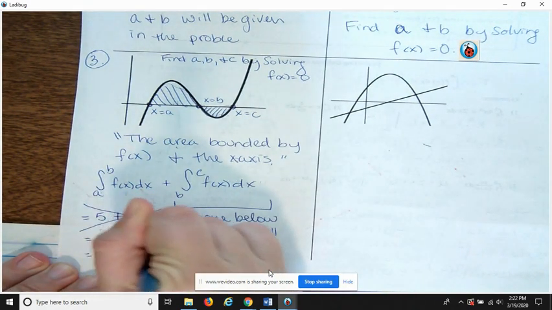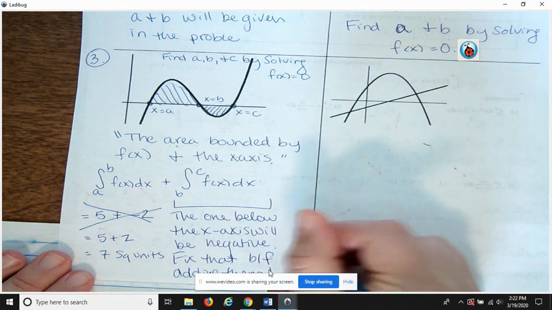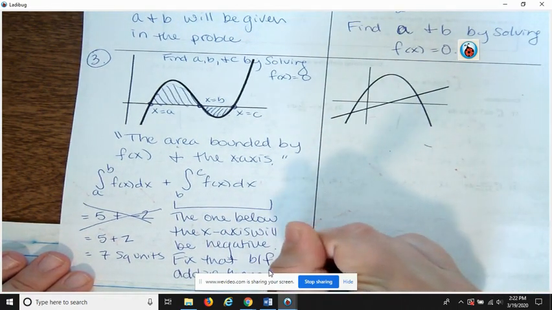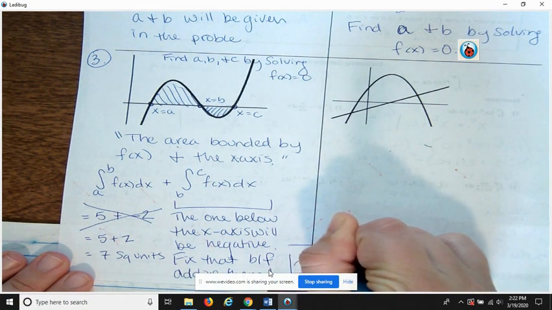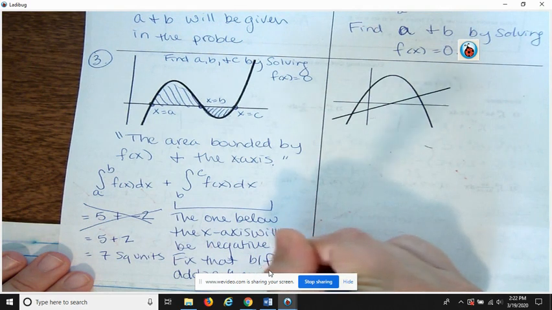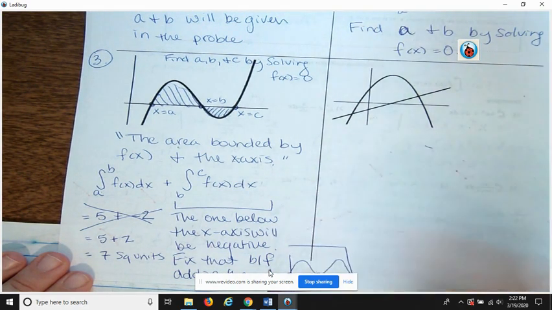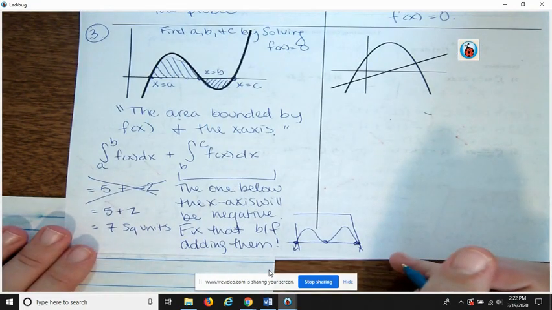And I'll draw an example where this may not be true. So I'll do it right here. Maybe we would have a function that goes down and just touches the x-axis like this, and you would have a point there, there, and there. This is like a real thing that can happen sometimes.